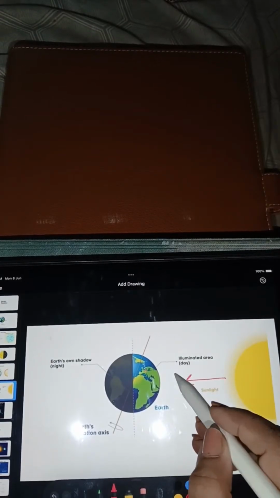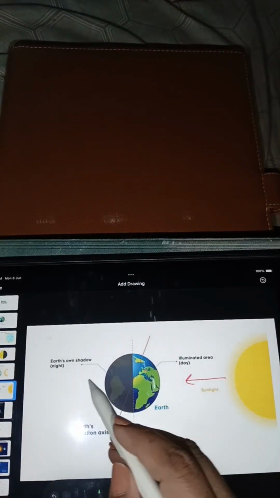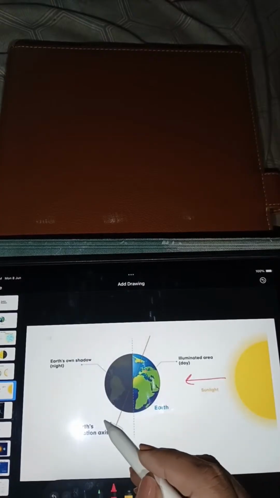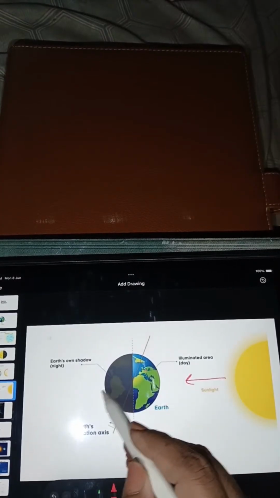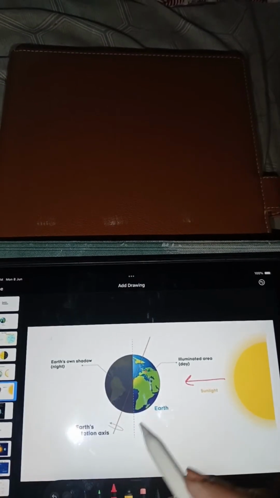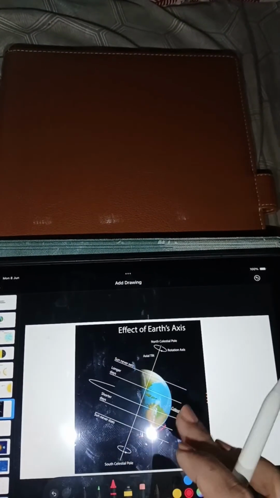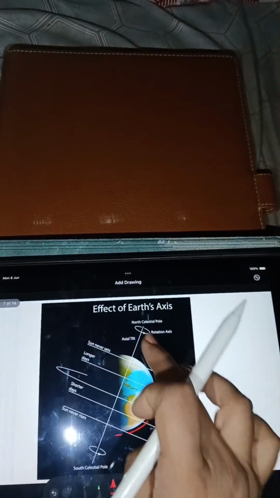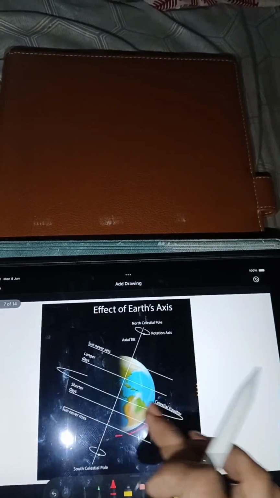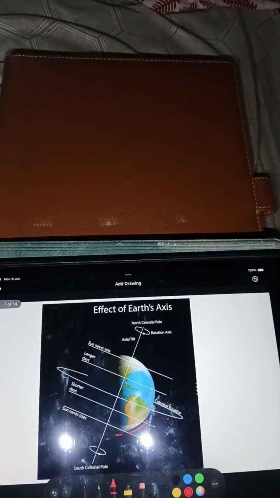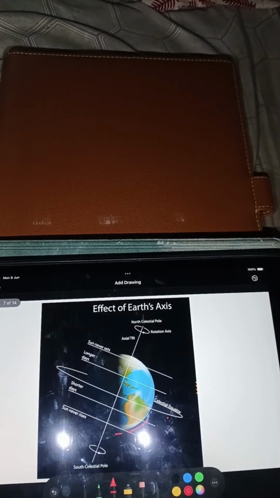It is the illuminated area, this is facing day, and this is the shadow circle, and this side is night. Now there is one concept you can see, that is the effect of Earth's axis. The duration of day and night also depends on this tilt.